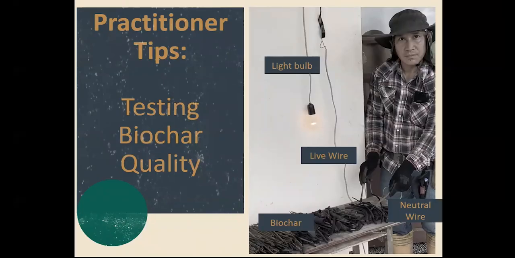Okay, so one of the questions we get is, how do you know if you have good charcoal or not? How do you know if you're creating high quality biochar or not? And the answer is there are different levels of carbonized material. There's bad carbonized material and there is high quality carbonized material. So some of the more primitive systems that I showed earlier will tend to produce a lower quality charcoal, and that's fine.